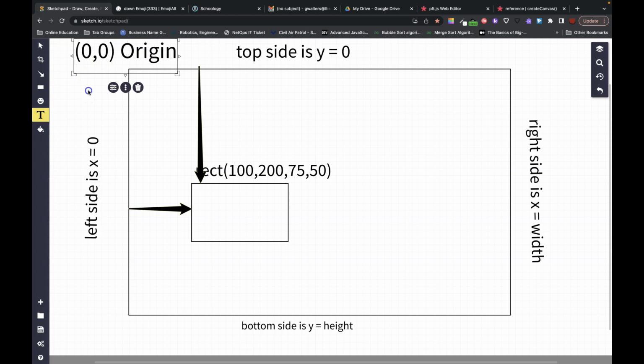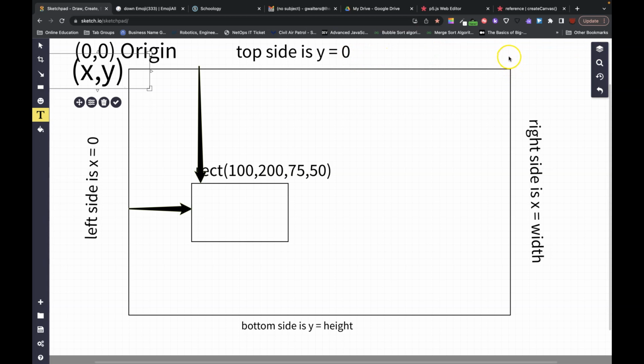This is my x and my y. That's what this is. You guys are probably going to be using this a lot. Let's identify what it would be for the very right side. I did not move down at all, I did not move towards the bottom side, which means I'm still at the top, so my y would still be 0.